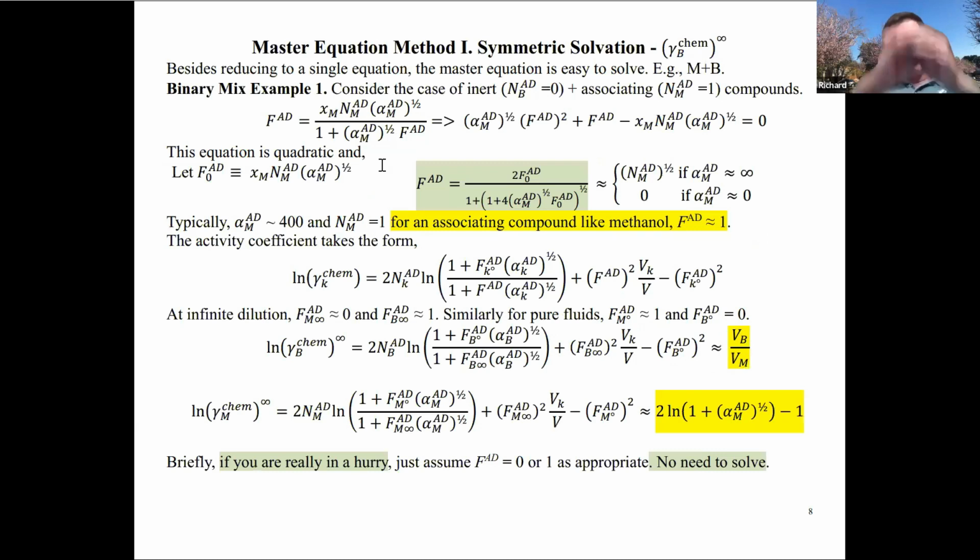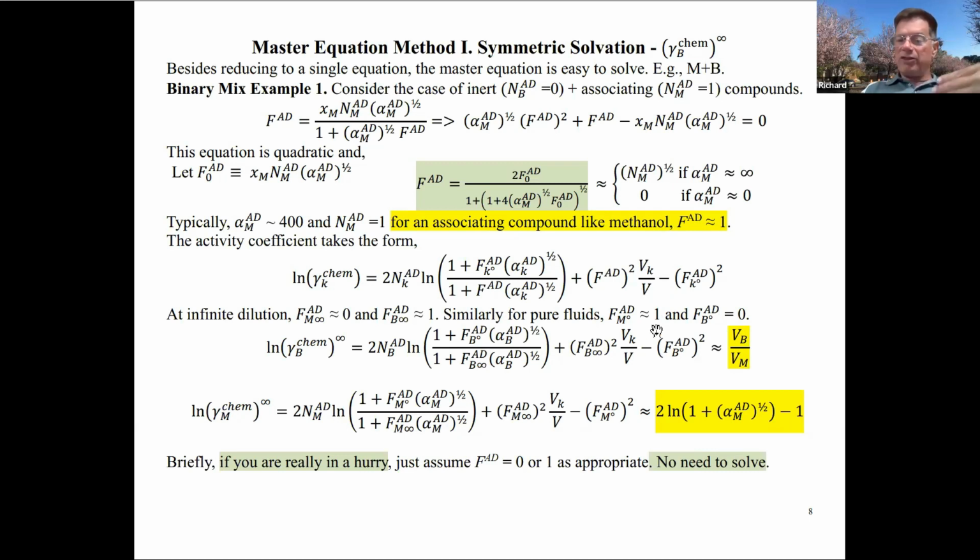Everything's fine. And in that case, we get some really simple solutions, one of which, for any associating compound like methanol, F is almost practically equal to 1. We don't have to solve the equation. Just put 1 in, and you're good to go. All right? If it's at room temperature or 100 degrees Celsius, somewhere in that range.